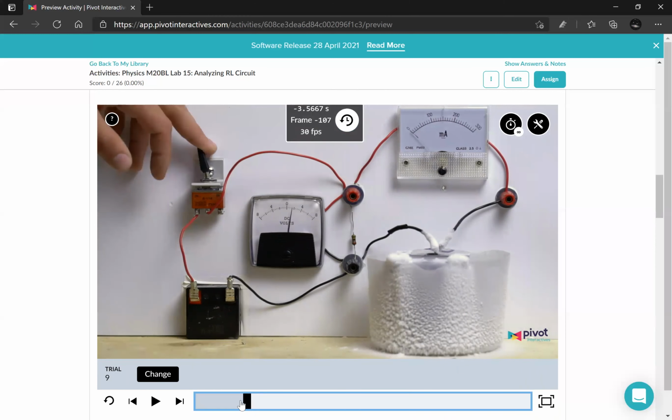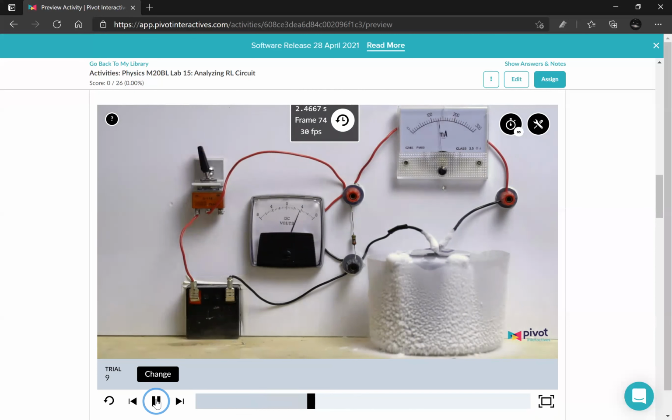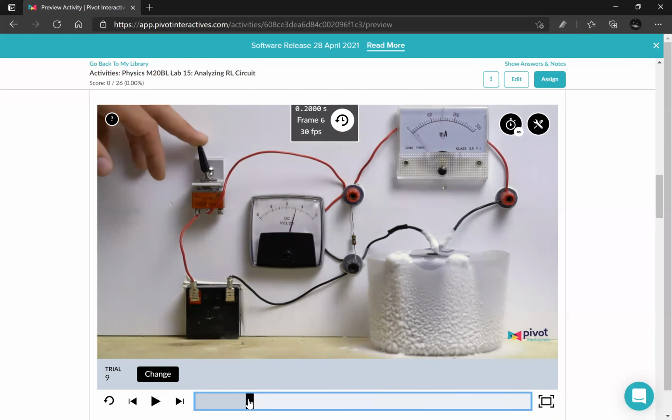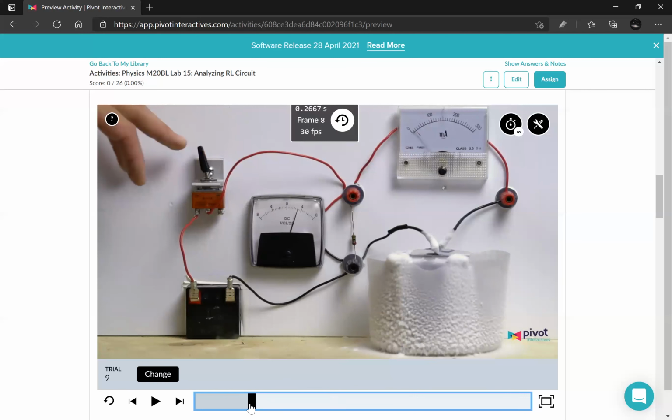Okay, so here's, I think, the instant when we close, reset, and when you play the video, it now gives you current change as a function of time. That means you go back to 0, and you can see voltage 0, current 0, at time equals 0. Then as a function of time, the current goes to its maximum, which is roughly, I would say, about 130 or 140. And you can say it takes roughly 4 seconds.